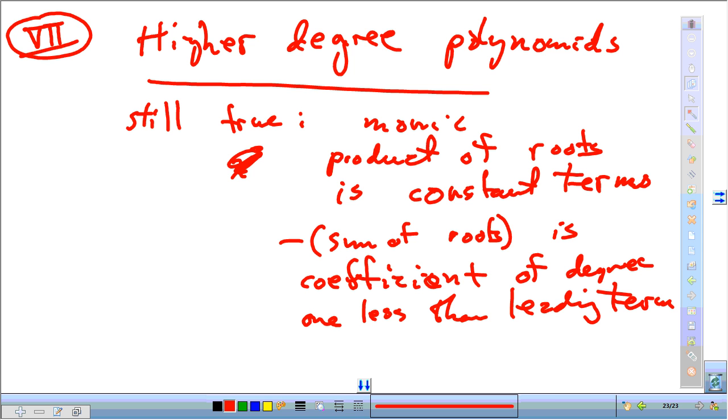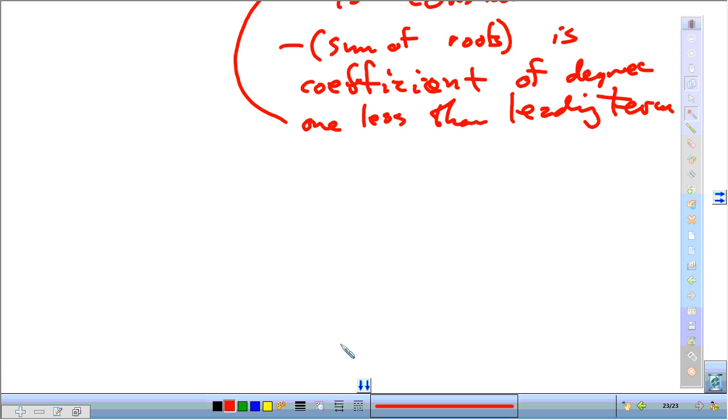The sum of the roots should be the opposite sign of that coefficient. So you can use that same idea with higher degree polynomials to find possible things to check as roots.